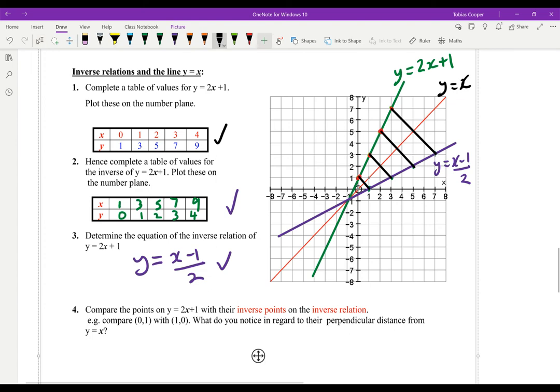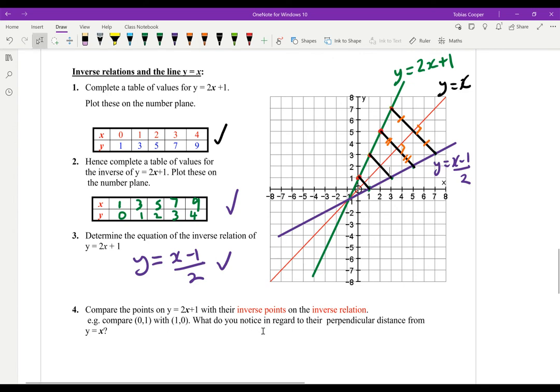Okay, and we can show that by putting some dashes on this. So this distance here is the same as this distance here, and that distance is also the perpendicular distance, that's at right angles. And this distance here is the same as this distance here, and that's perpendicular as well, and so on.